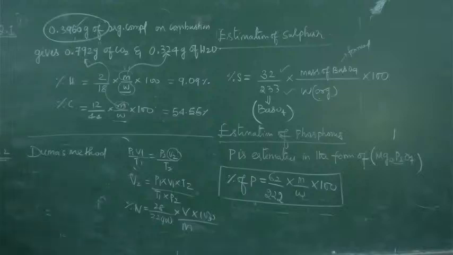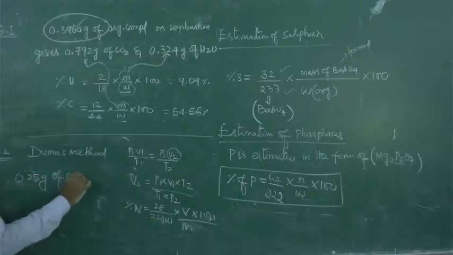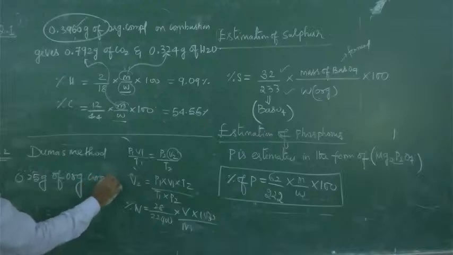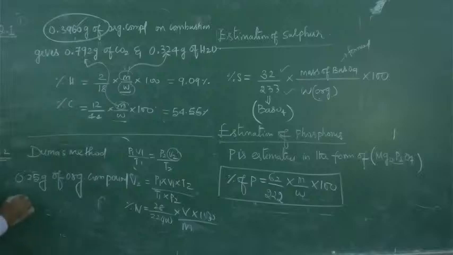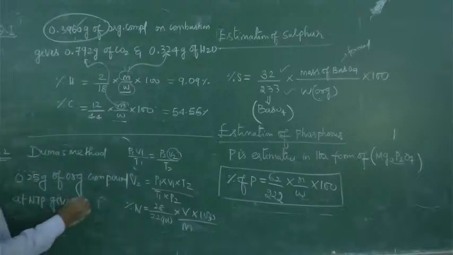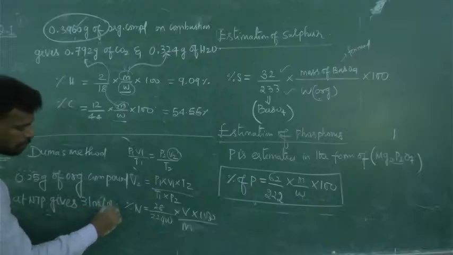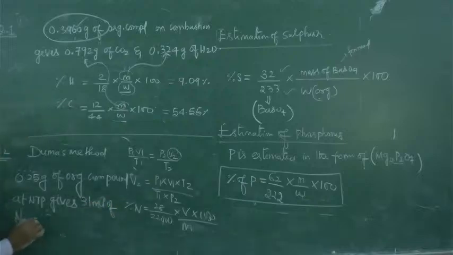There you go. Now write the problem. 0.25 gram of organic compound at NTP, or STP, both are the same. At NTP it gives 31 ml of N2 gas by the Dumas method.